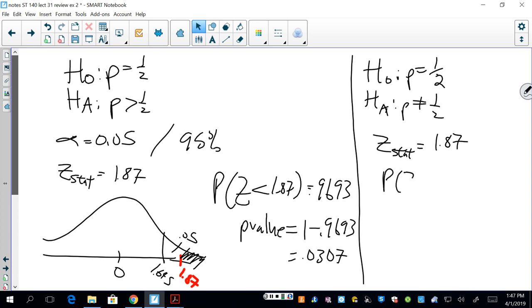The probability that a normal is greater than 1.87 is still 0.0307, but because it's two-sided, I double it for the p-value. On the exam, you can do either one, and you'll get the credit as long as you do it consistently. If you write a two-sided alternative, double the thing for the p-value. If you write one-sided, you can just get one tail and evaluate it that way.